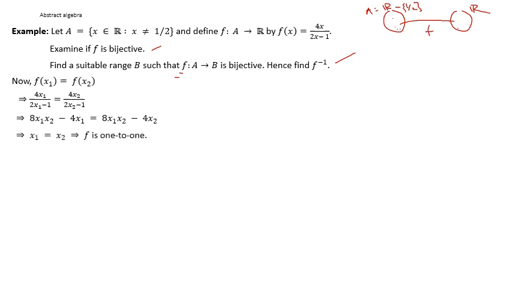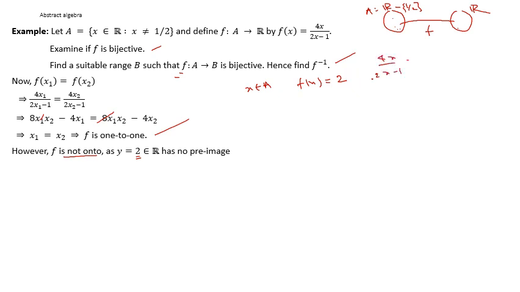So clearly this means x1 equal to x2, so clearly it is 1-1. Now onto kina দেখবো যে it is not, because suppose y equal to 2, এর কোনো pre-image কিন্তু নেই, there exists no x belongs to A for which f of x equal to 2, because suppose 4x by 2x minus 1 equal to 2, right?